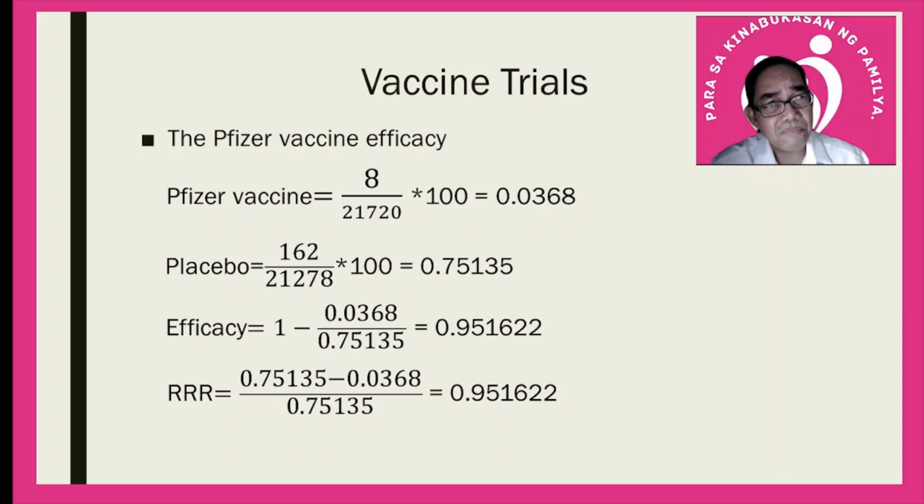After, I don't know, 1 month, 2 months, I can't recall now, of treatment, the number of people who developed the disease is 8 out of 21,700. So you multiply that by 100, that's equal to 0.0368%.